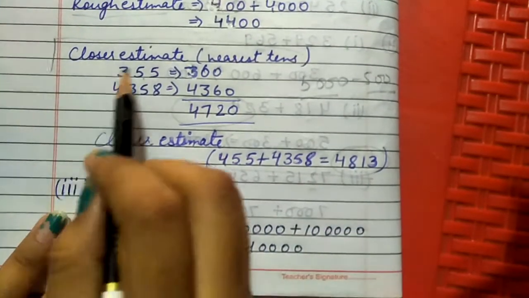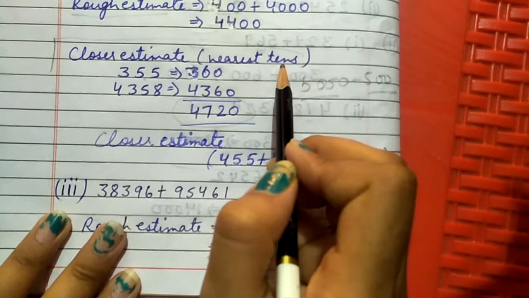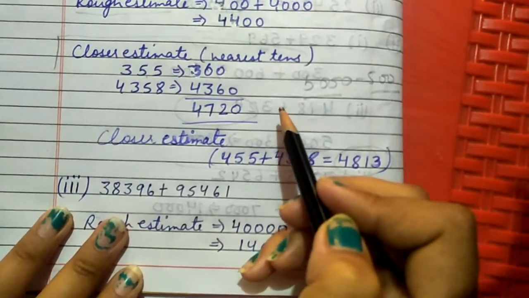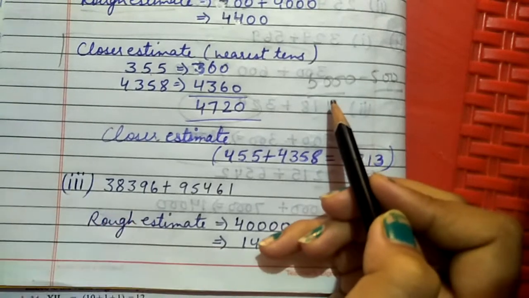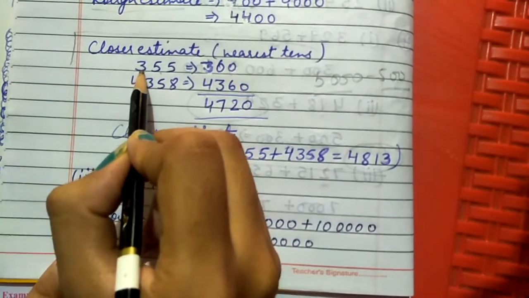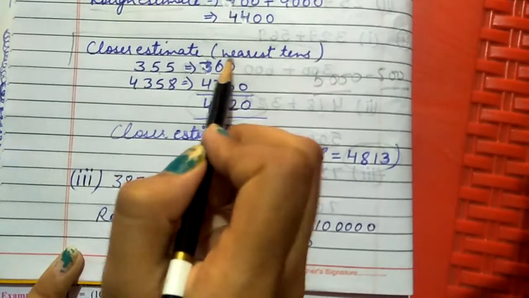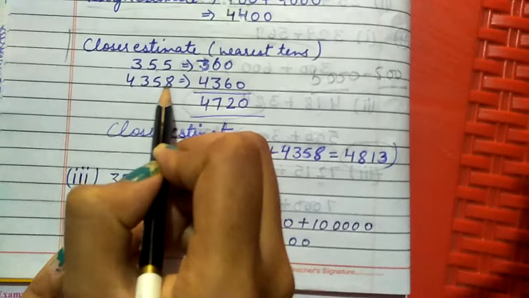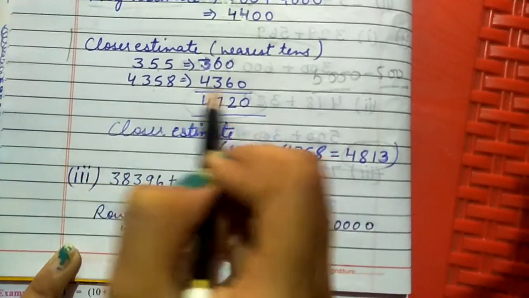See, now here closer estimation will make it to the nearest tens, because that is possible in the markets only. When we are purchasing or selling something, we cannot make it to the hundreds and thousands. Now this is 355. According to nearest tens, this will become 360, and this is 4358. According to tens, this will also become 360.